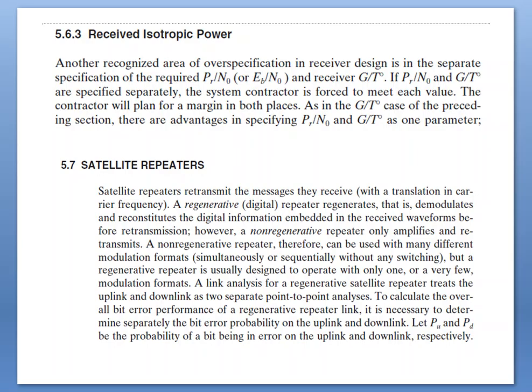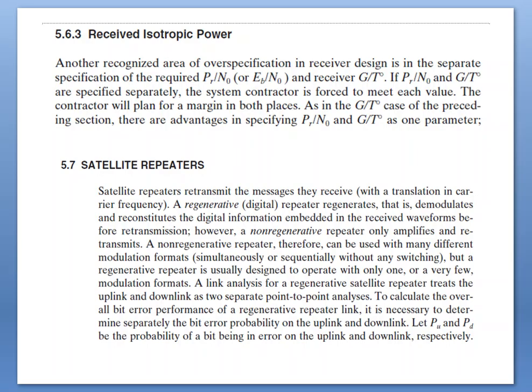Therefore, the overall probability of the bit being correct can be written as PC is equal to (1 minus PU) into (1 minus PD) plus PU into PD. Now, the overall probability of bit error can be written as PB is equal to 1 minus PC, that is equal to PU plus PD minus 2 PU PD.